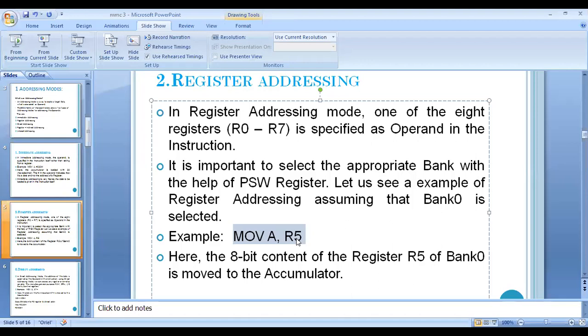For that, the machine goes towards the PSW register. It will check the bits of PSW. Which bits? PSW bit 3 and PSW bit 4. Now whatever the value of these bits in the PSW is, according to that, it will consider that bank.